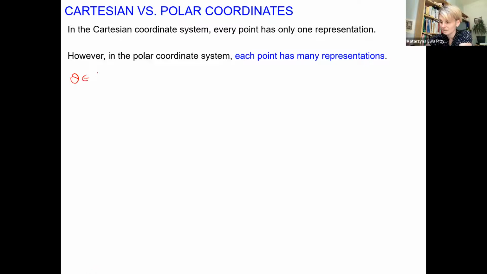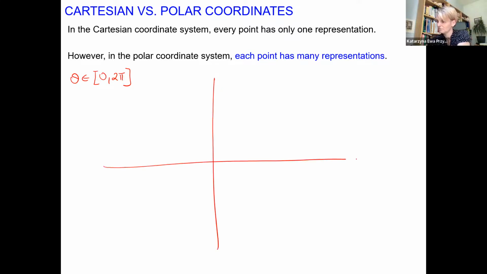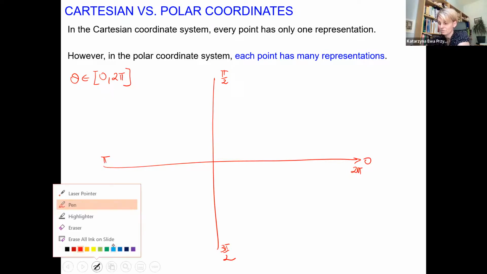Let's say theta is only between 0 and 2 pi. Let's do this: 0, 90, 180, 270, 360.